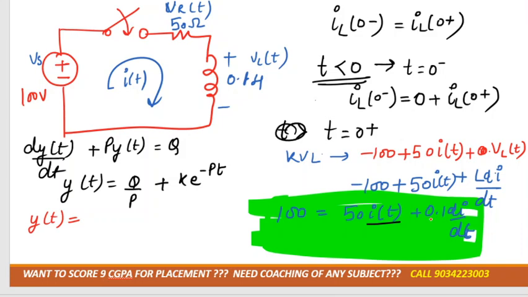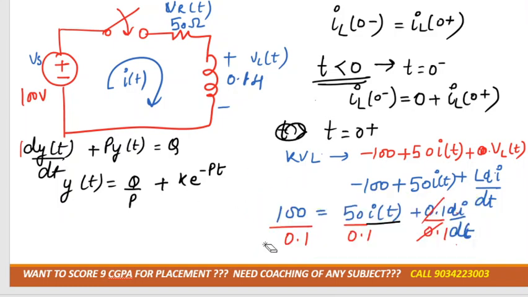As I told you earlier also, di by dt has coefficient 1, so divide by the coefficient. Tell me y of t is what? See, can I rewrite this equation in this form?